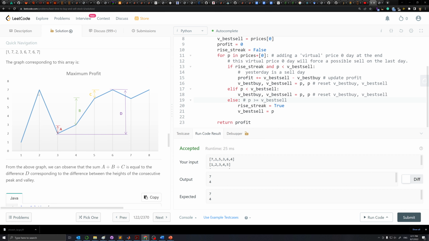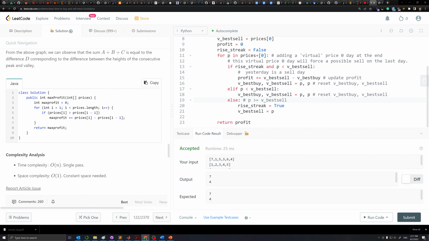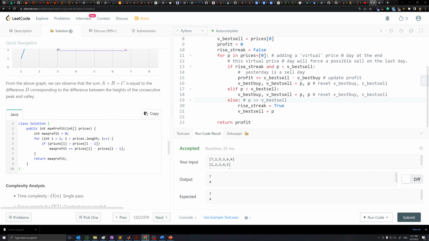We're gonna sit on this price rise, from 1 to 7, and this price rise, and this price rise. And then when we drop, we don't really care. And then for the next price rise, we're going to add as well. So yeah, this is actually a pretty good solution as well.